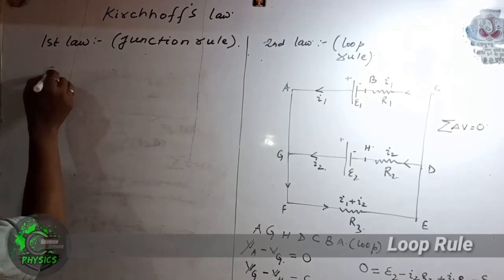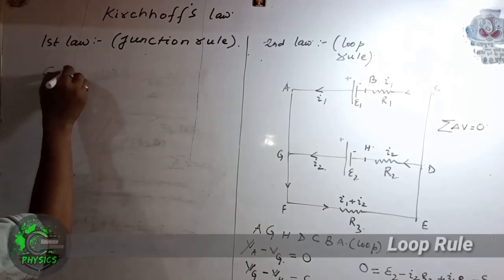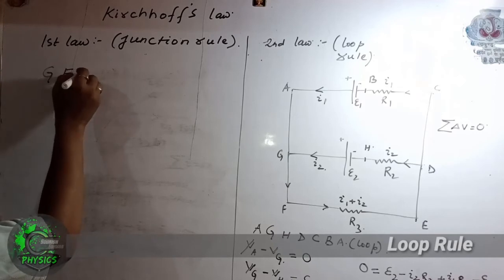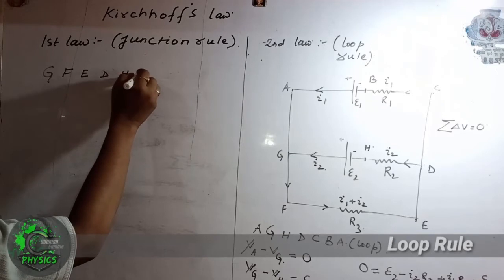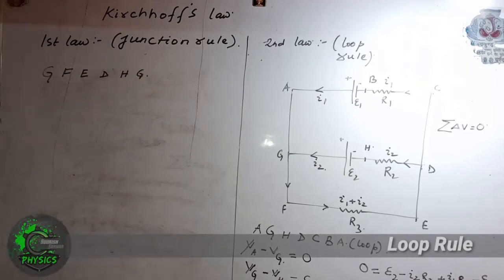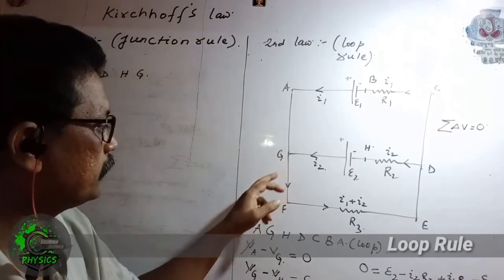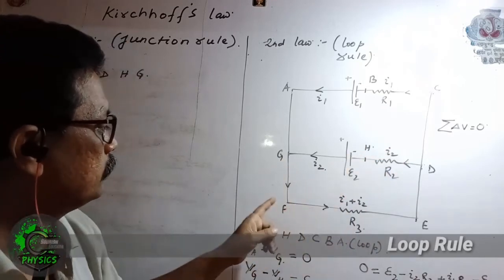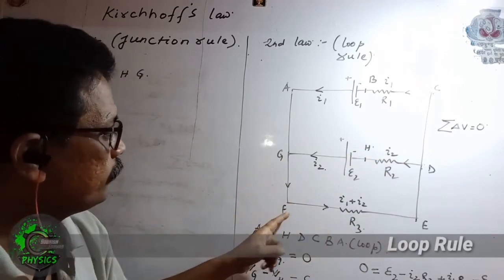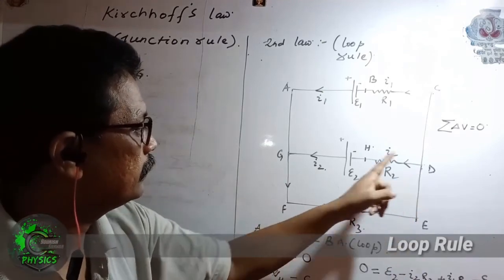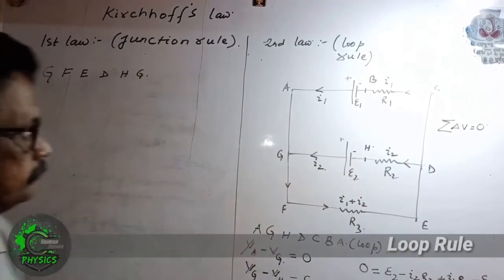Remember the point from which you are starting, come back to the same point through each junction. G, F, E, D, H, G.